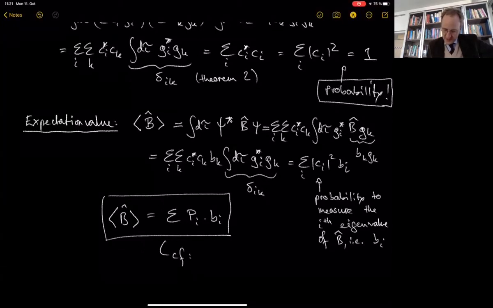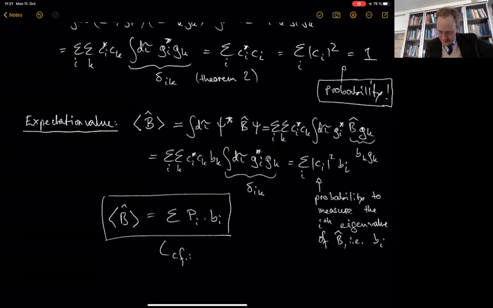It's reminiscent, so compare this to statistical thermodynamics.